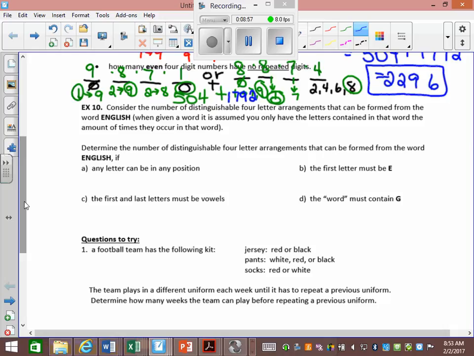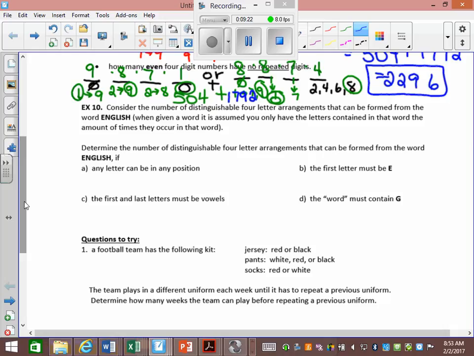The other rule is what you see is what you get. So when given a word, it is assumed you only have the letters contained in that word the amount of times it occurs. So I have one E, one N, one G, one L, one I, one S, one H. That is all I have to use. If I use up an E, it is used up. Okay? Whereas when we were doing the license plates ones, you would be able to have 2 letters at the back not repeating, let's say. So I'd have 26 and 25, right?